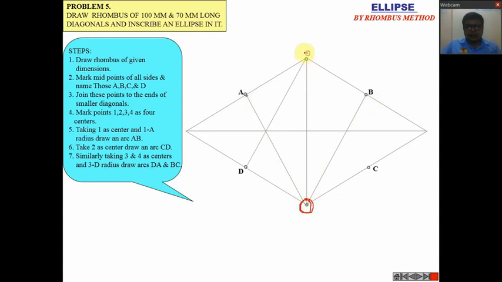Then from the other corner, you have to join the opposite midpoints. So from here you have to join with C and D, something like this. So you will get two intersecting points here, first one here and second one here.